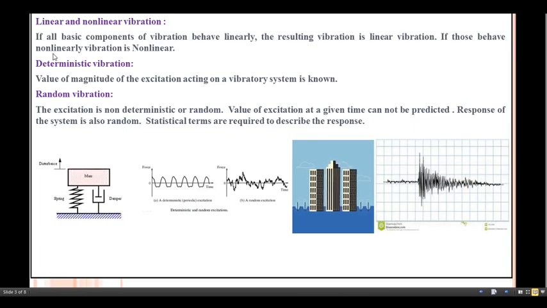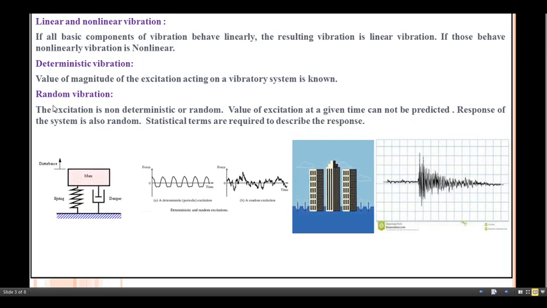If those behave non-linearly, the vibration is non-linear.